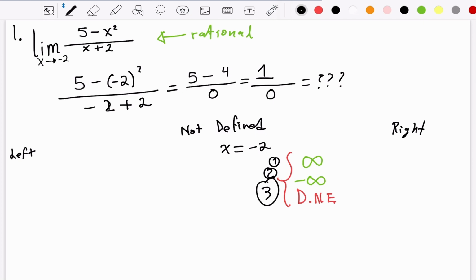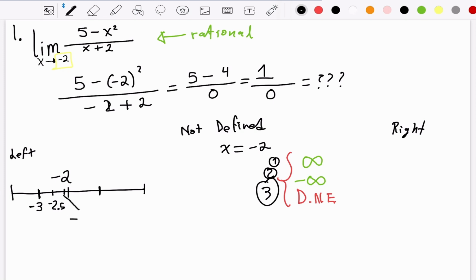So first I'm starting from the left. What I mean by from the left is that I'm going to take the number that I want to approach, -2, and I want to take a number that is on the left side of the -2. For example, it could be -3. It could be -2.5. As long as it is on the left side of the number -2. I'm going to pick a number very, very close here.